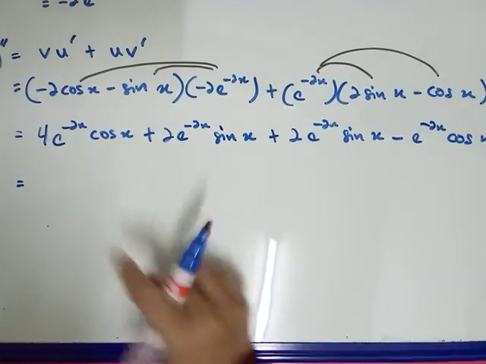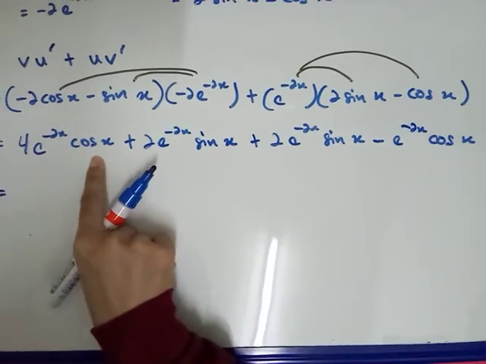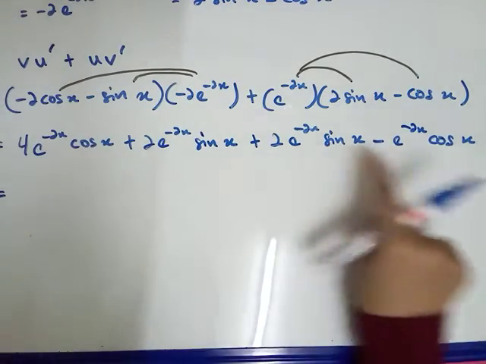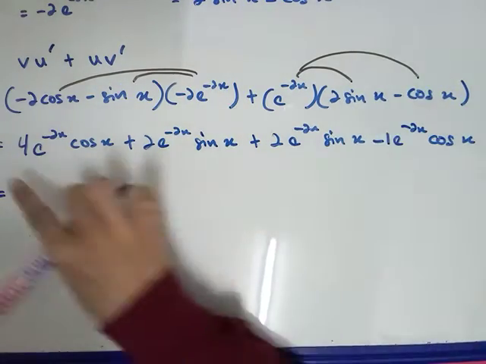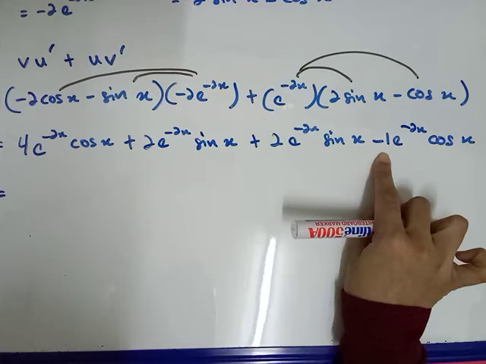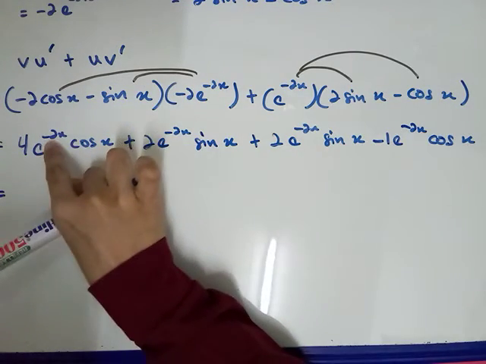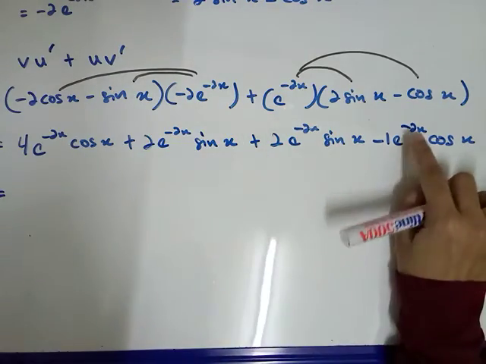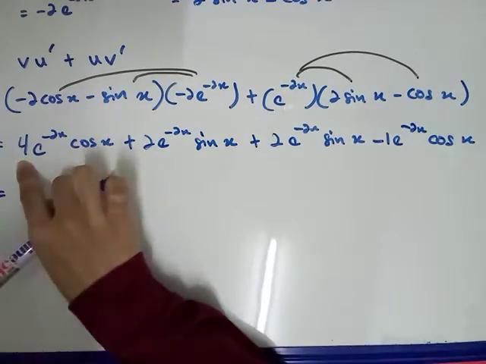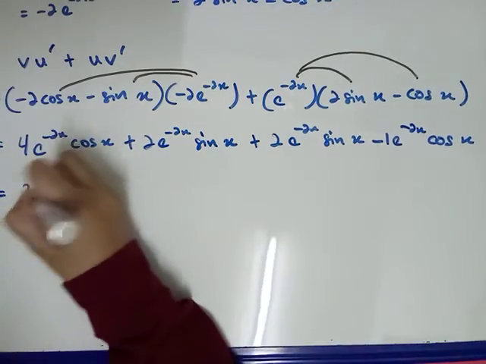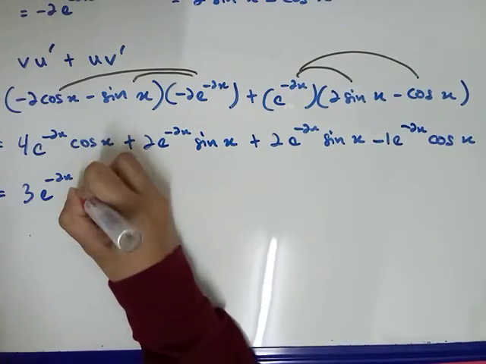Solve it. 4 exponent cos minus exponent cos. This is 4, this is actually value 1. So 4 minus 1, you get 3. We see the variable is the same: exponent negative 2x cos x, exponent negative 2x cos x. So 4 minus 1, you get 3 exponent cos x.